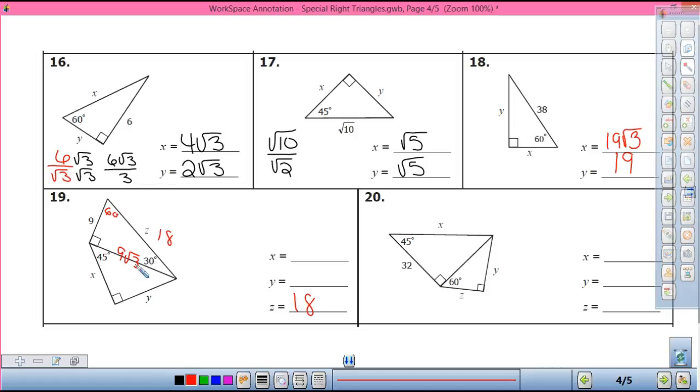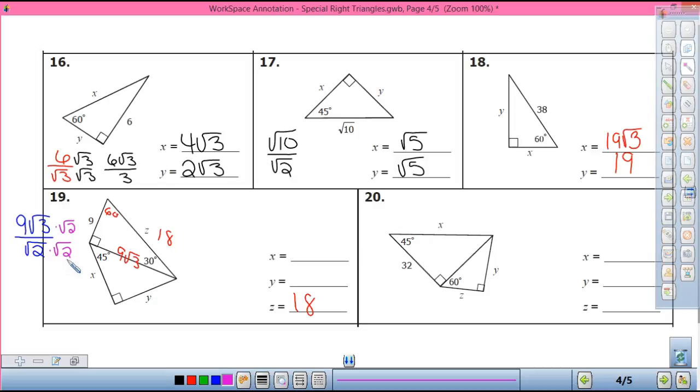So now I have the what of my 45, 45, 90 triangle? I have the hypotenuse. How do I go hypotenuse to leg? So I have 9 root 3 divided by the square root of 2. What do I have to do? Multiply the top and the bottom by the square root of 2.